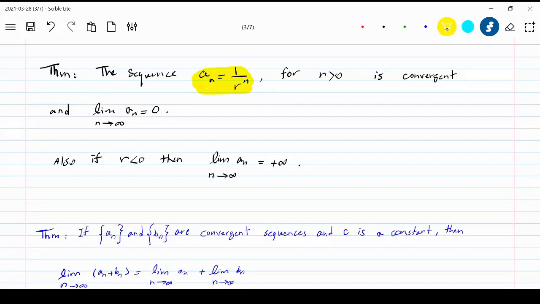Sorry, here I forgot. R is a positive number. If you have a positive number and you let this, I don't think this is correct. I think this is supposed to be greater than 1 here. Sorry about that.